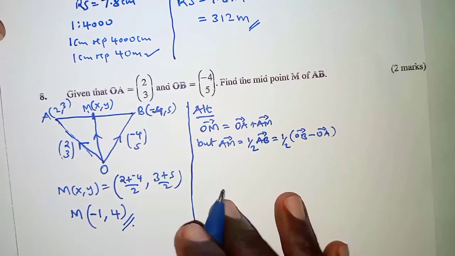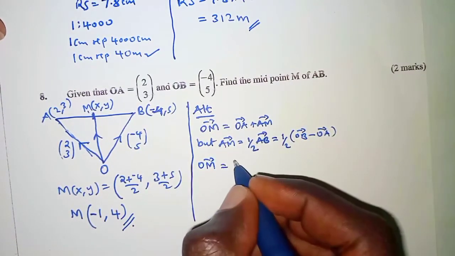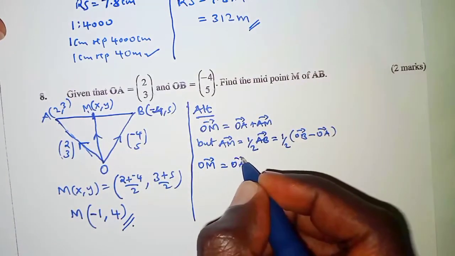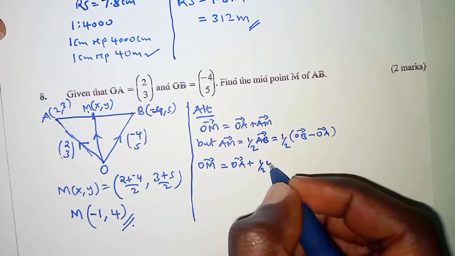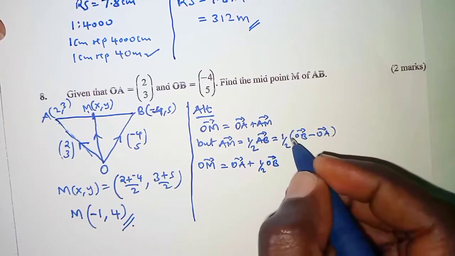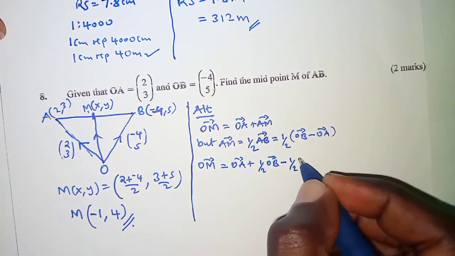So we are simply going to have OM as OA plus AM, but AM is a half OB, so multiplying through, we have minus a half OA.